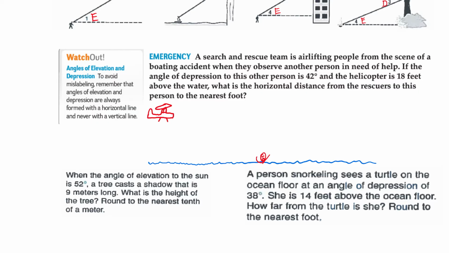All right, now, as the person in the helicopter looks straight out, that's that line of sight. But it says as he looks down to see this person, the angle of depression is 42 degrees. So from here to here, this angle right here is 42 degrees.